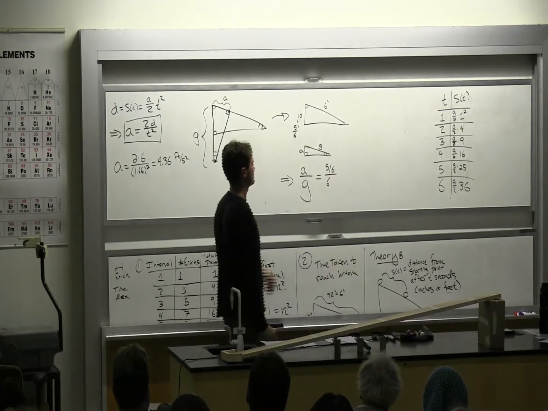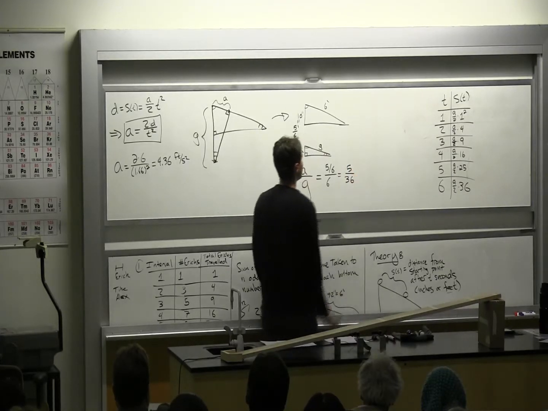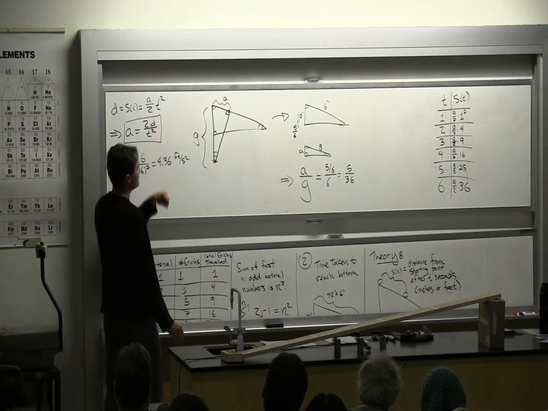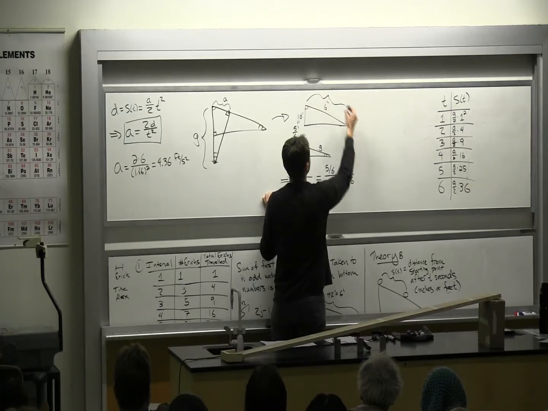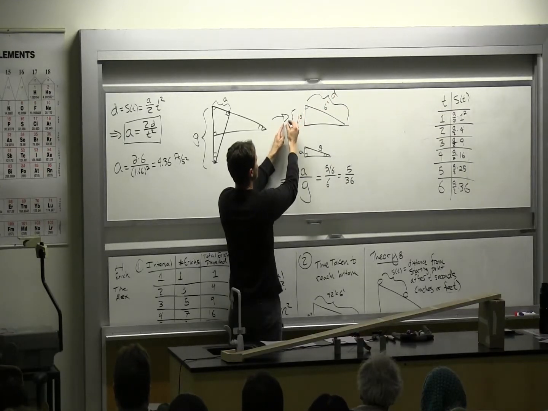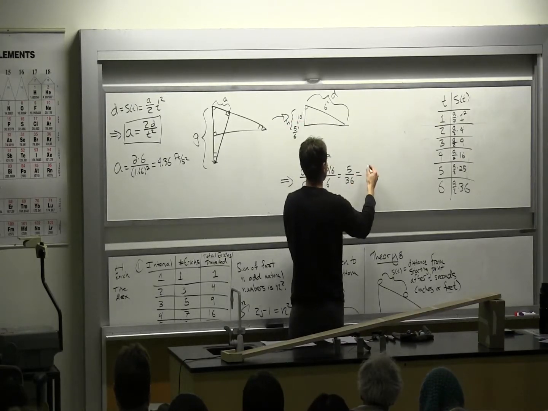Yeah, 6. There we go. Oh, so it's 5 over 36. And in general, let me just point out, I was using these variables d and t. So let's come up with a general formula. This is d, that's distance traveled. And let's call this height, h for height. So in other words, this is just h over d.